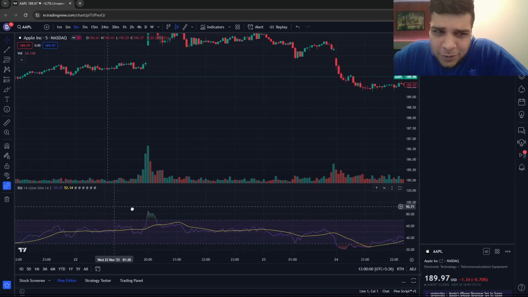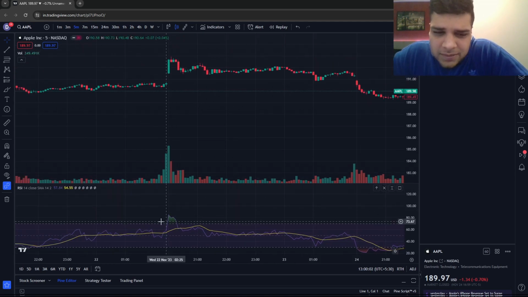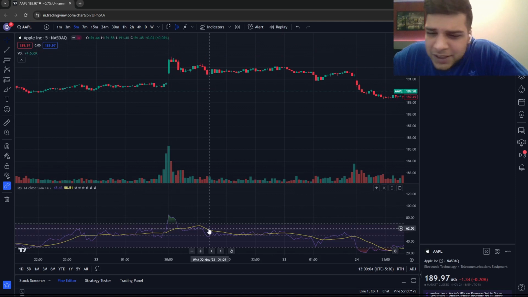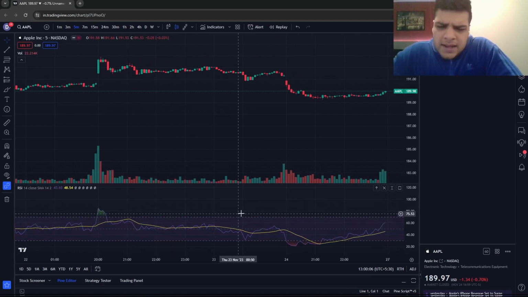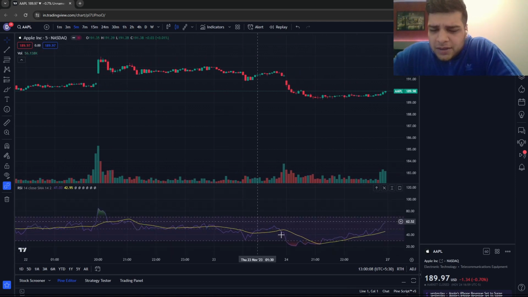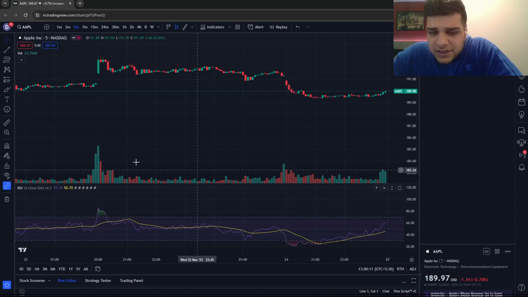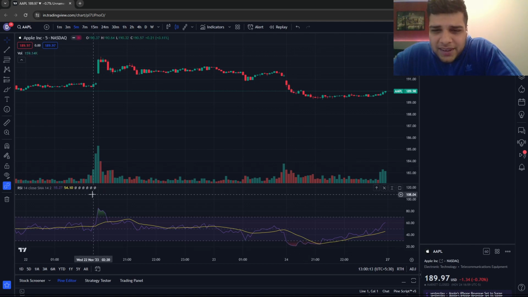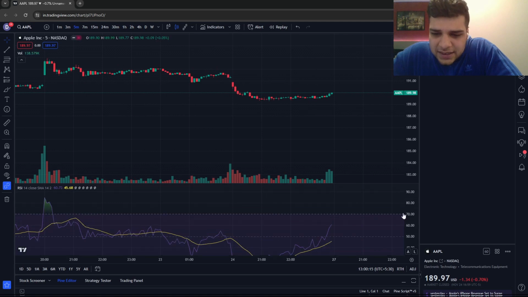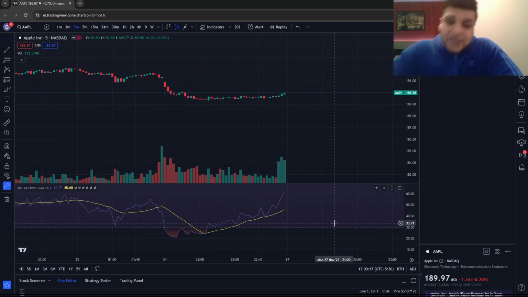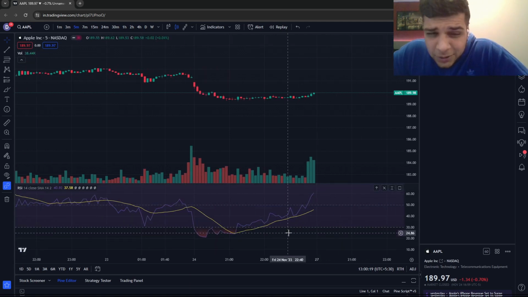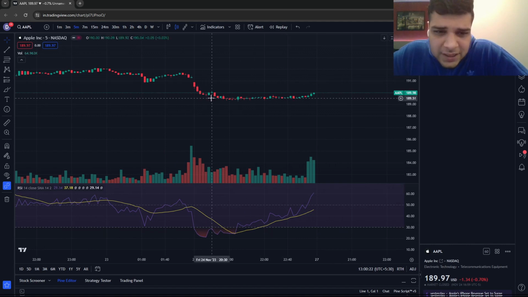Now, that alone can give you decent recommendations, but they don't always work. More important are the bearish and bullish divergences that form on this indicator, which are basically where the gold's at with this one. I can spot one right here.